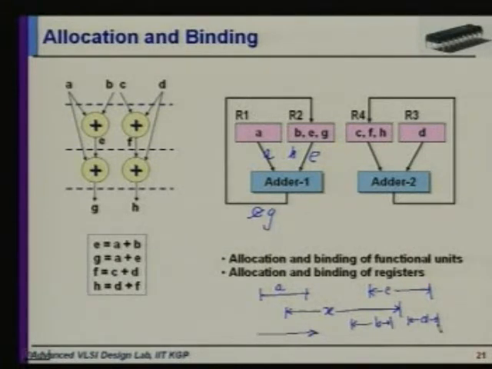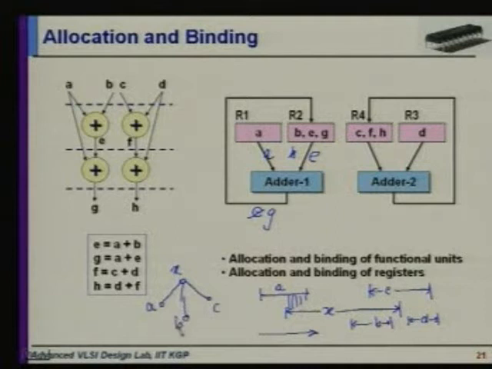But if I have, how many am I going to need now? Still 3, right? There is a nice algorithm which treats these as nodes of a graph and puts an edge. I denote A as a node, I denote X as a node, and I put an edge between A and X if they overlap somewhere in time. Then between X and C I have an edge, and between X and B there is an edge.